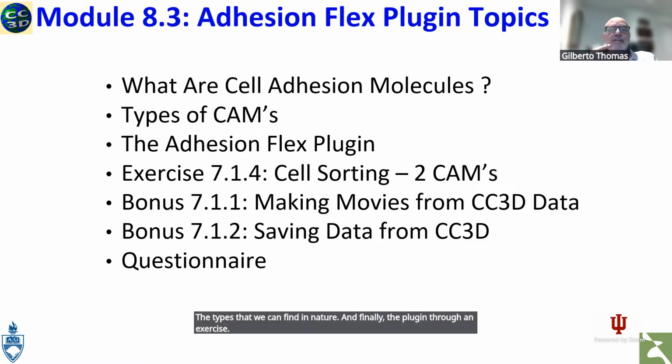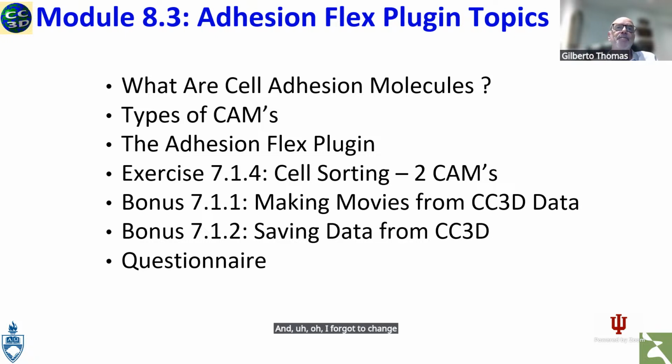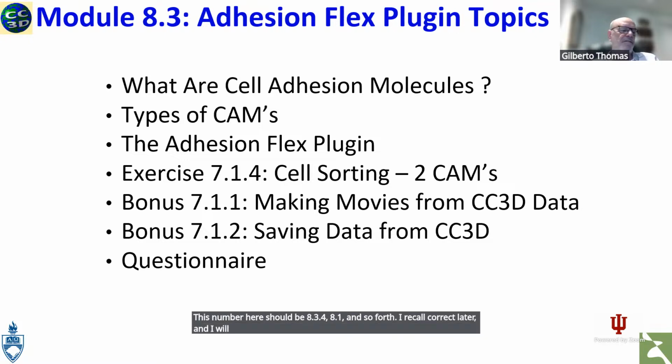And I forgot to change these numbers here. Sorry, people. These numbers should be 8.3.4, 8.1, and so forth. I will correct later, and I will upload a corrected version to the slide materials on the website.